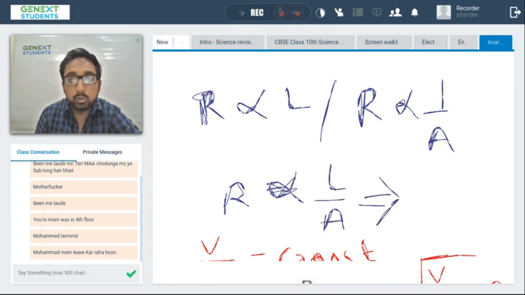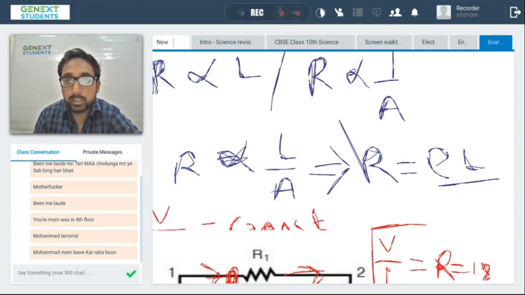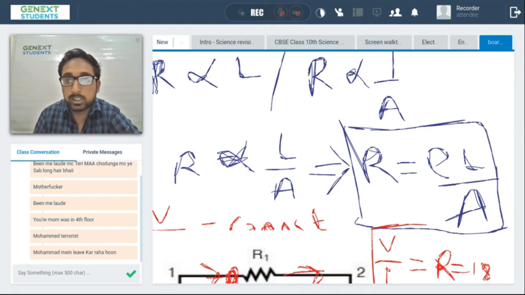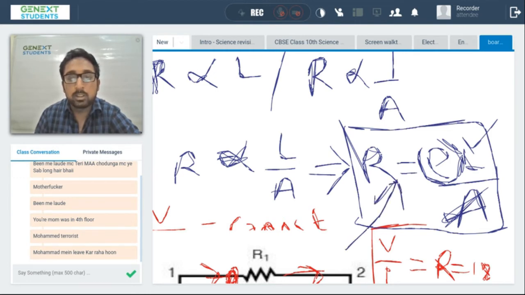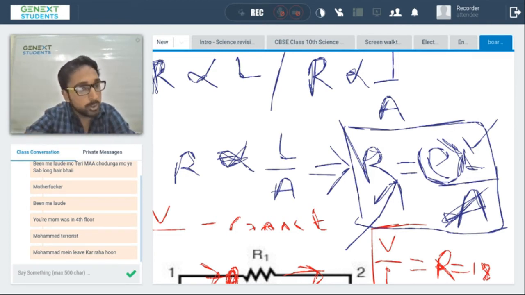If you remove the proportionality sign, you have to add a constant, so that constant is rho: R equals rho L by A. This is the formula for resistance. If you want to calculate the resistance, get the length of the wire, the area of the wire, and the resistivity of the wire, put them into this formula, and you will get the resistance of that wire. This is the numerical method to calculate resistance.